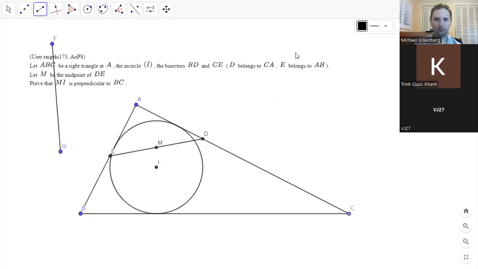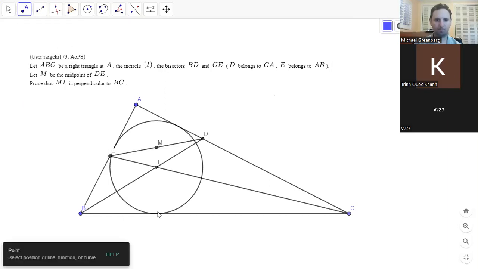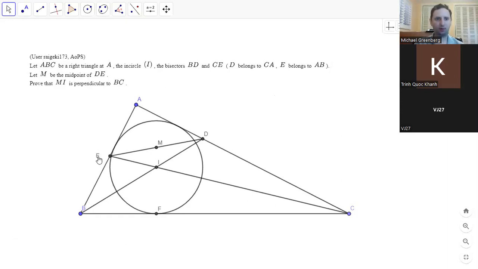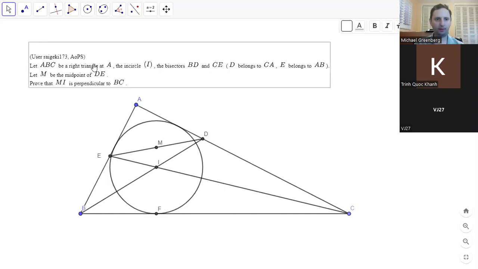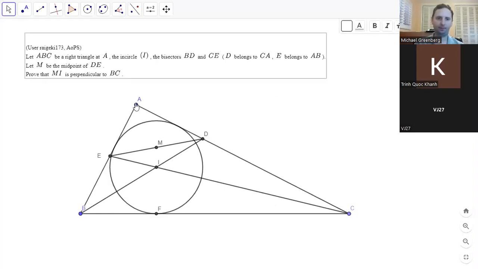Call this point F. So we want to show M, I, and F are collinear, basically.